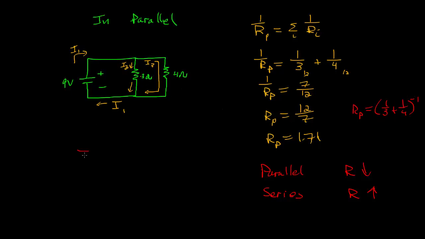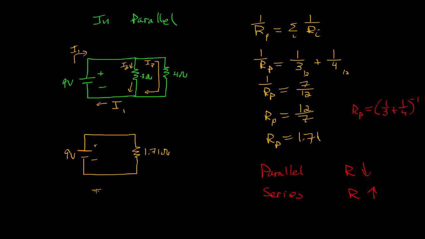Okay, so we can put this together. So now I have a 9 volt. Let me change this. We have a 9 volt battery, that's positive, this is negative, connected to an equivalent resistor of 1.71 ohm. Alright, so I can calculate the current now.